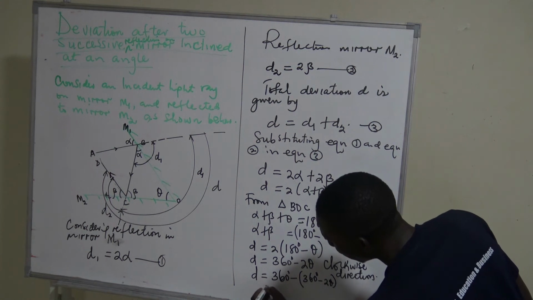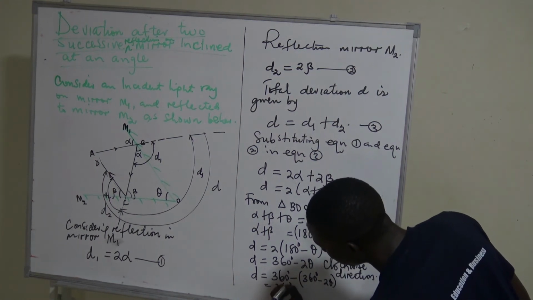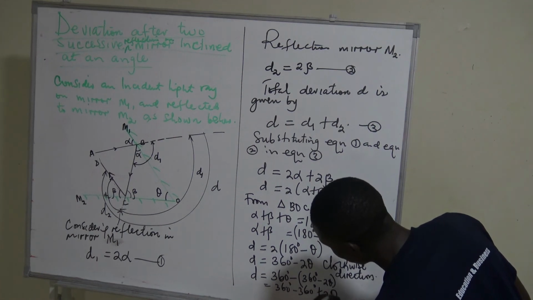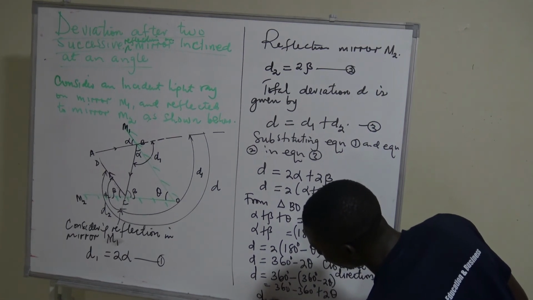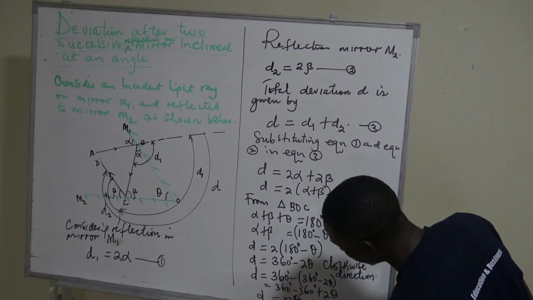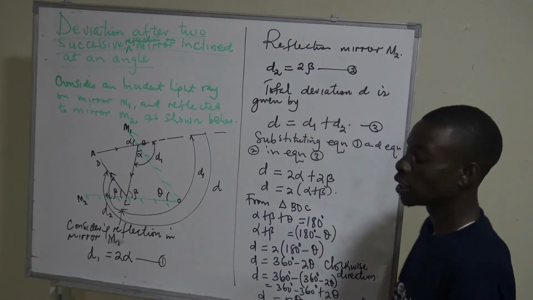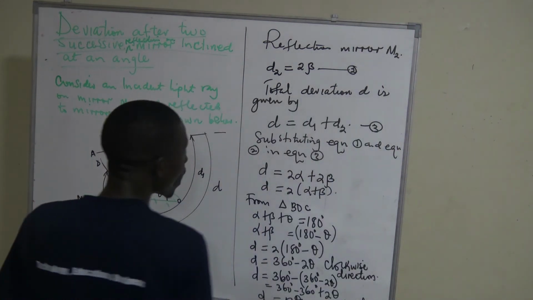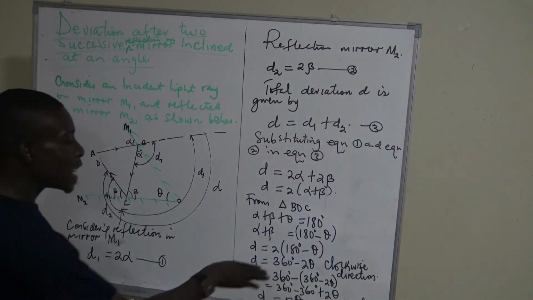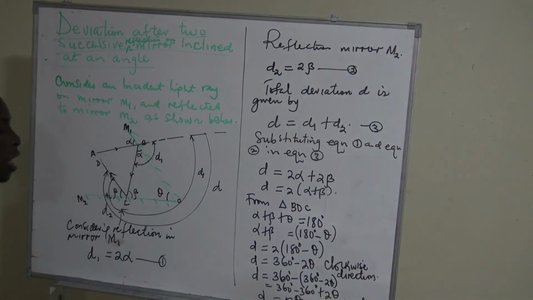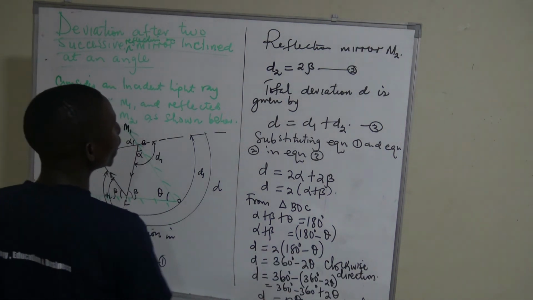And that is 360 degrees minus 360 degrees plus twice theta. That means the deviation is twice theta, and this is now in the anticlockwise direction. So there are two ways of deriving it: I can derive it in the clockwise direction, and I can derive it in the anticlockwise.